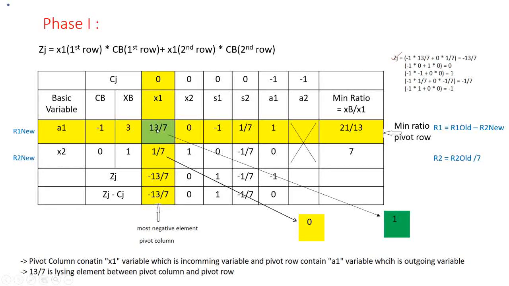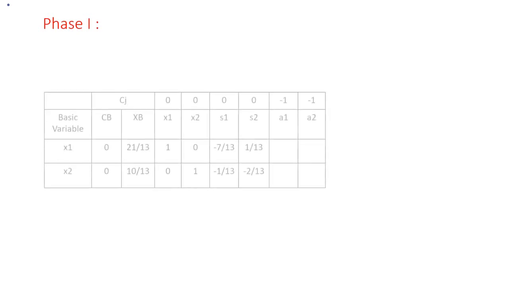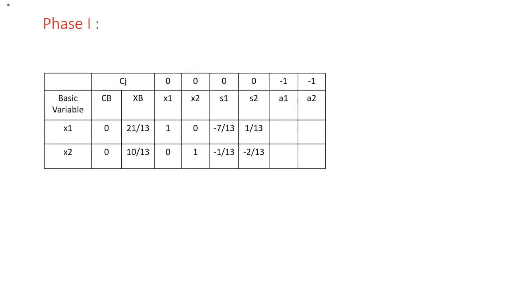So again we have to perform the operations by using R1 new and R2 new. If we are considering this 13 by 7 to 1, we have to divide R1 new by 13 by 7, that is multiply by 7 by 13, so here we get the value 1. So check the next table. Here for the x1 we have to make 1.